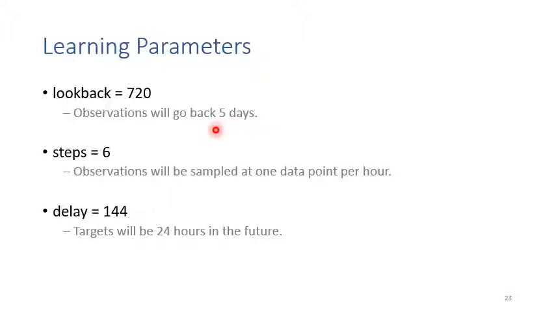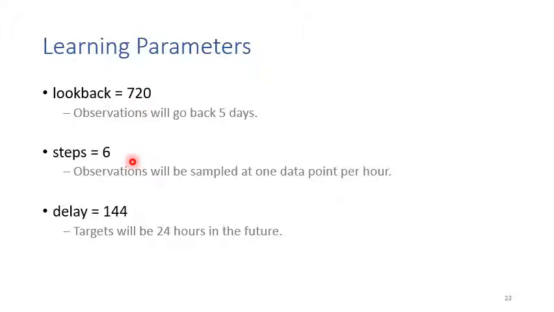There are 7,200 minutes in 5 days. Because we measure data every 10 minutes, we need to look back 720 data samples. So we set the lookback period to 720.